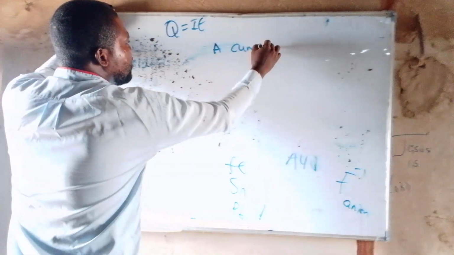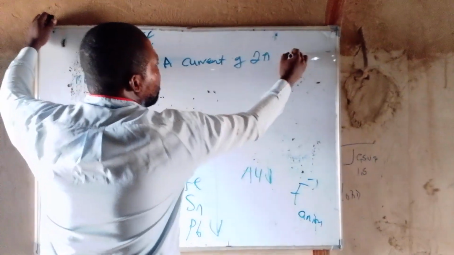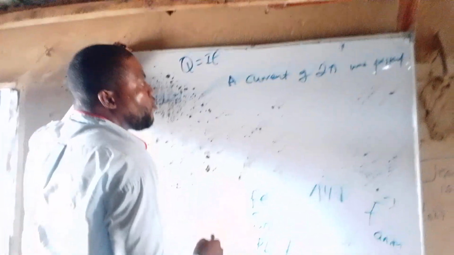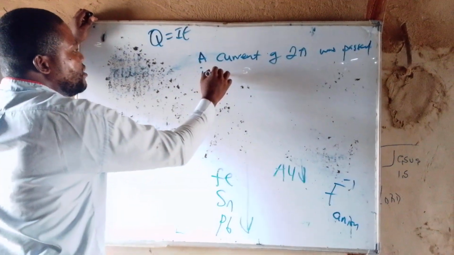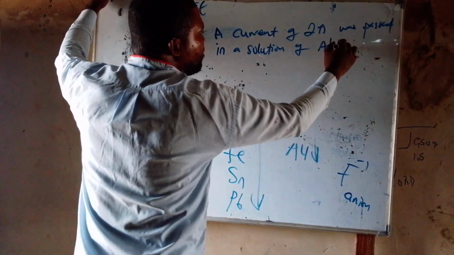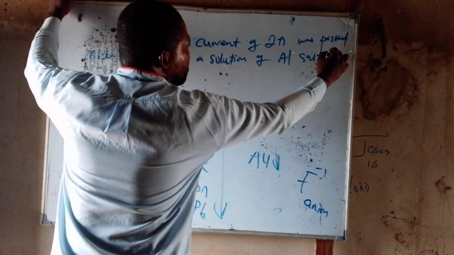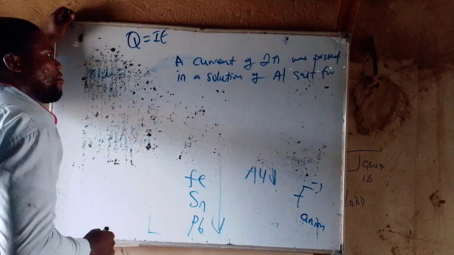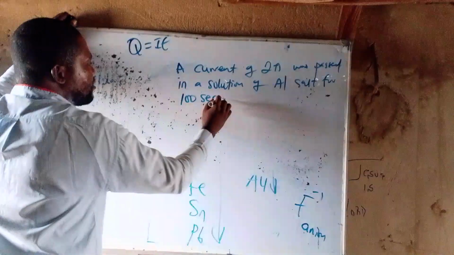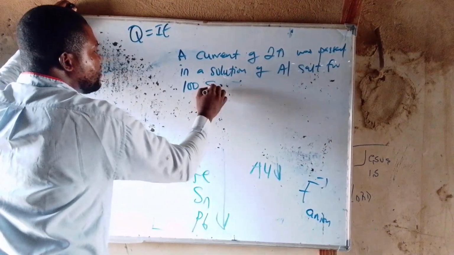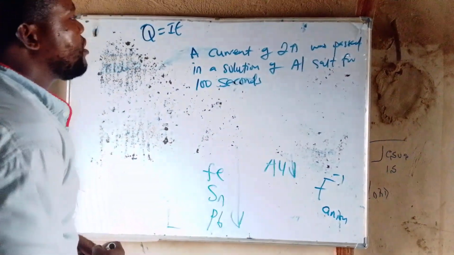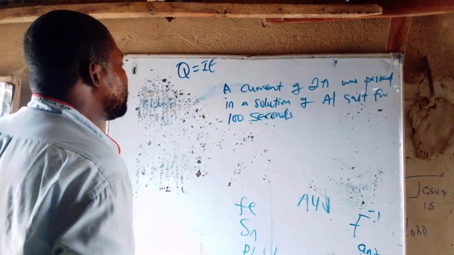A current of 2 ampere was passed in a solution of aluminium salt for 100 seconds.